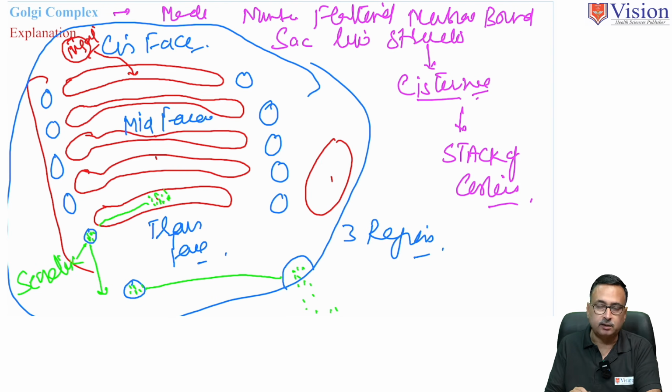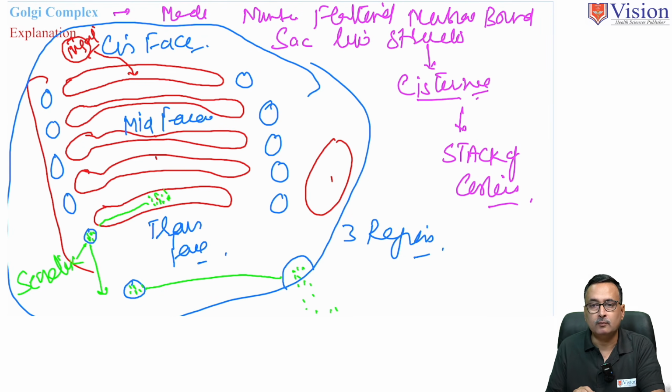So in this description, I have provided three functions of the Golgi body. One, the immature insulin vesicle enters this phase and it undergoes maturation. So one function is that the Golgi body brings about modification or maturation of the proteins and steroidal molecules.